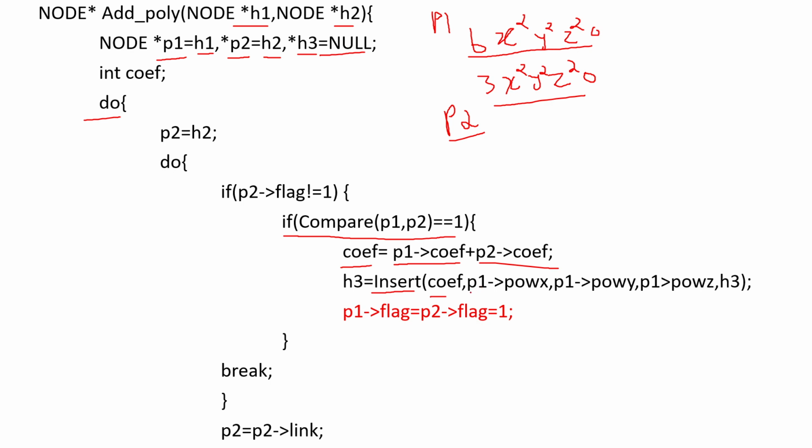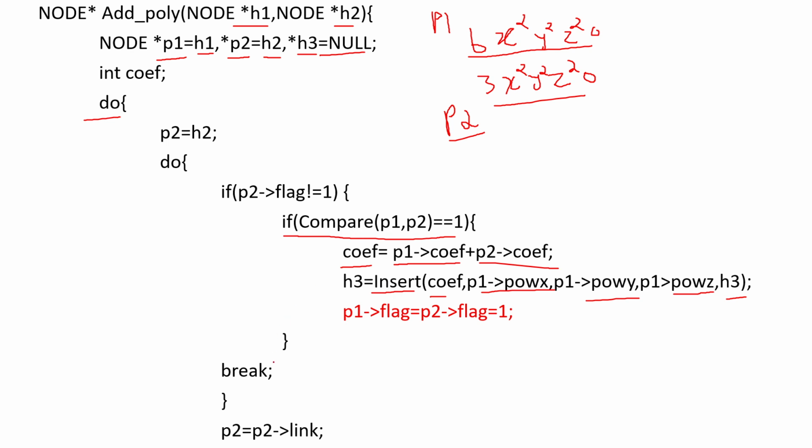Any one of the terms' power x, power y, power z are sent to the resultant polynomial h3. You can use p2 power x, p2 power y, and p2 power z. Why? Because in that case both terms, first one and second one, are same.